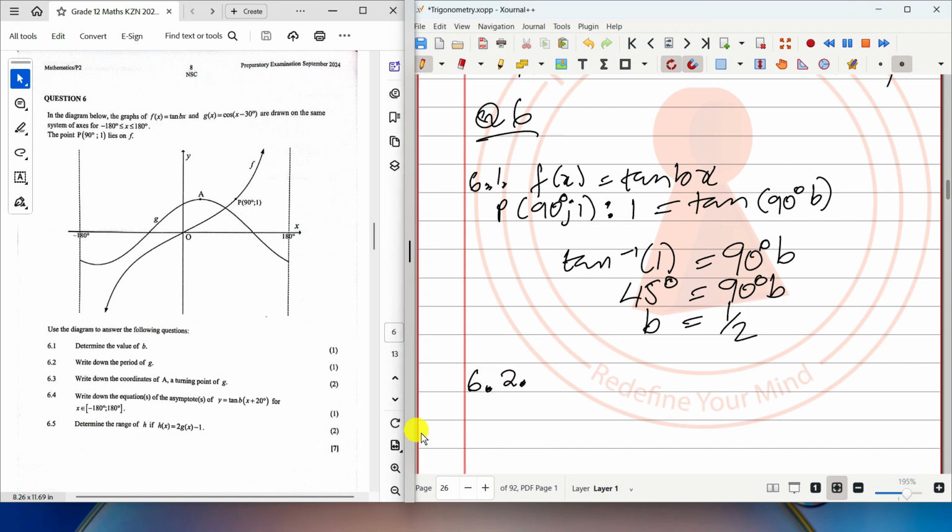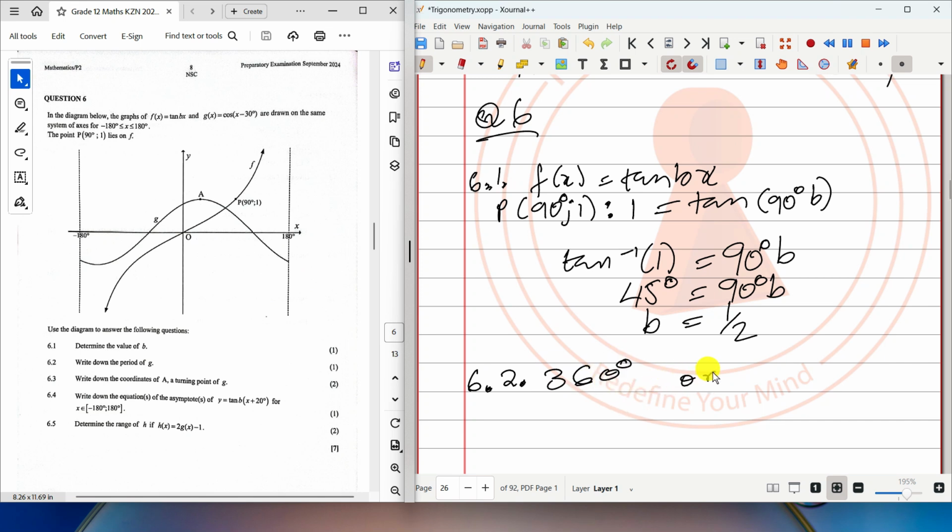6.2. What is the period of g? The period of g, you don't even have to waste your time. It is 360. As you can see, if you were to put a ruler here, you will see that the points are in phase. So it is 360 degrees.